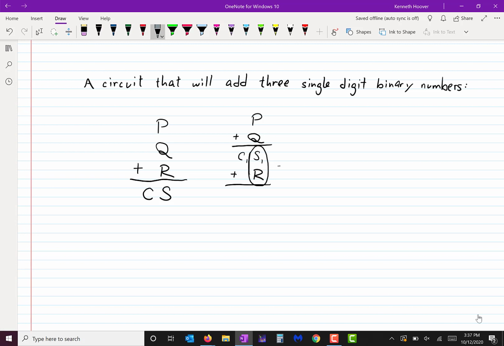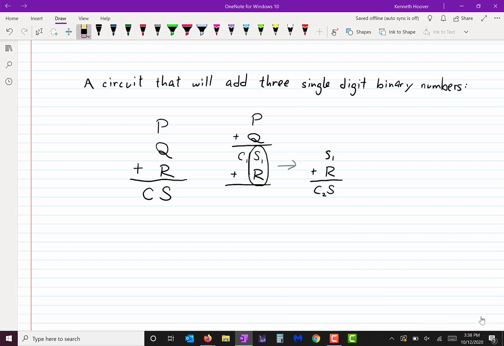But the point is, we would be looking at S1 plus R. And whatever we get here, which you could call S2 if you want, and C2. Okay, but the reality is that this number S2 is going to be this number that we're looking at. And so if you're reading this in the book, you'll see that they don't even put a 2 there. They just call it S, because that is going to end up being S.